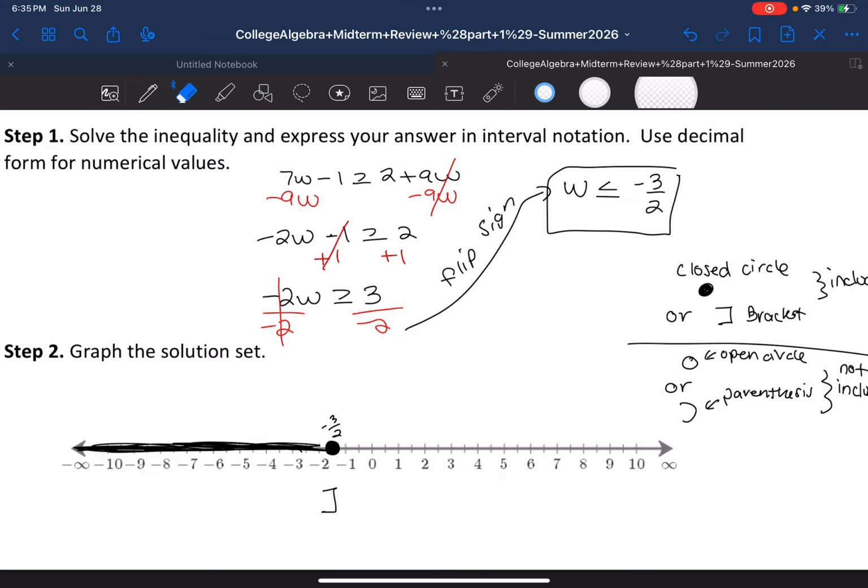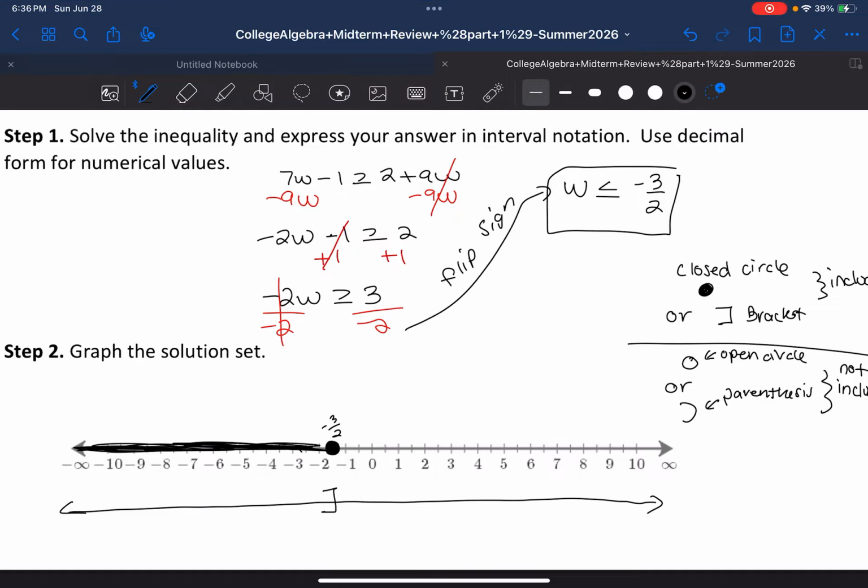And of course, the bracket would be on the number line too, like this, if they wanted you to use the bracket. This would be at -3/2, and then all of this would be shaded.